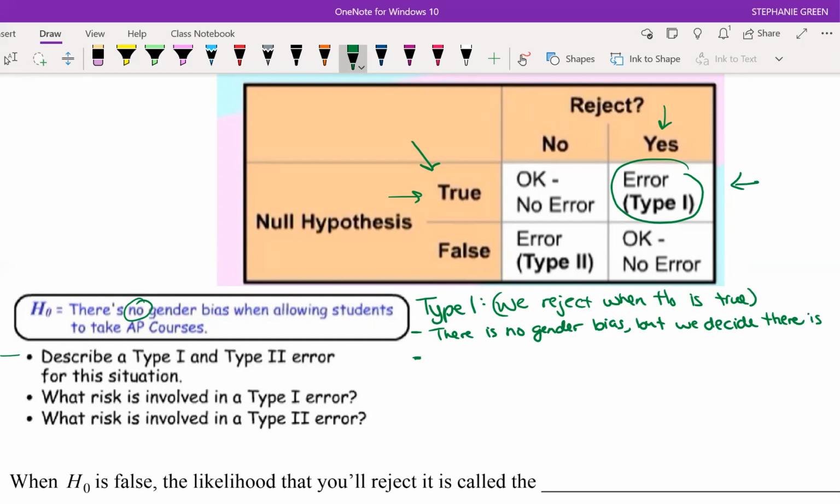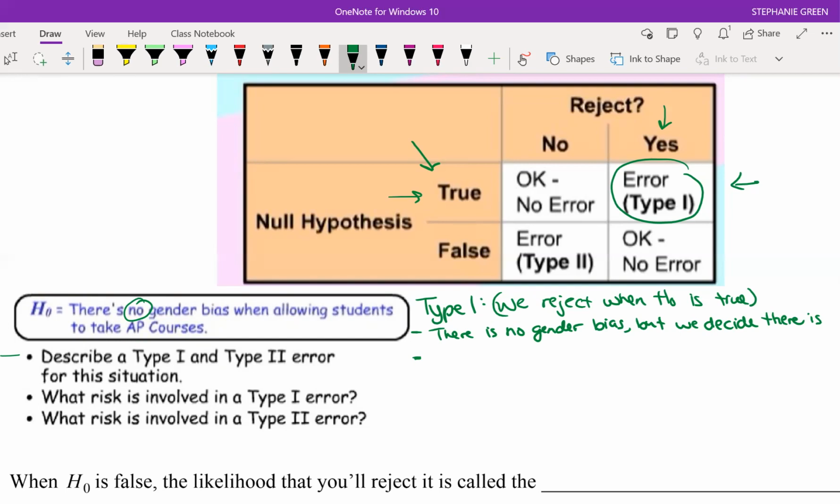Well, if we decide there's gender bias occurring in a certain course, we're probably going to put certain protections in place to prevent that bias. And even though there isn't any bias actually occurring, that's not a bad thing to have in place anyway. It's not going to hurt anything to put extra protections in place.